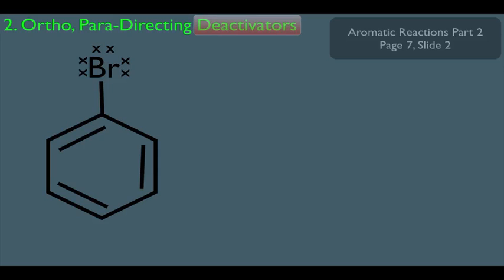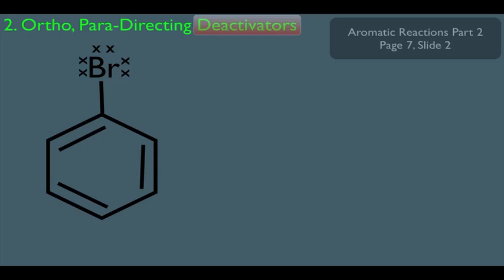When we say that Br is a deactivator, we're not saying that it makes benzene not reactive. We're just saying that it makes benzene less reactive. Compared to what, you might ask? Well, compared to just benzene by itself. So it's kind of a misnomer. In all honesty, I think they could have used a better term here because deactivator might make you think not reactive at all, but careful, that's not the case.